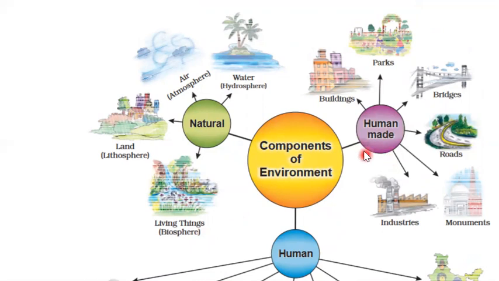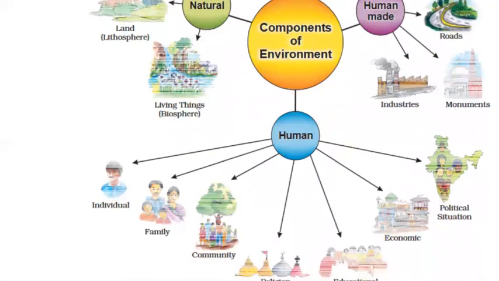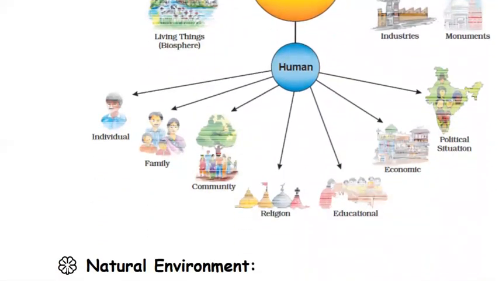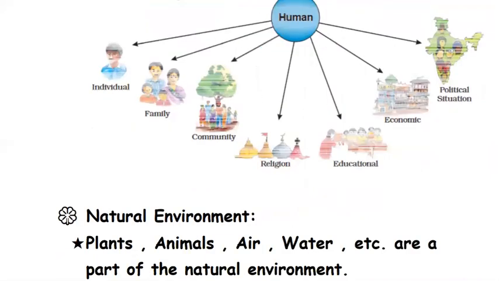Then there is the human-made part of the environment, which is buildings, parks, bridges, roads, monuments, industry, and many more. And in the human environment, there is the individual, a single person. There's a family, many families form a community, many communities form religion, and there are educational, economic and political communities.